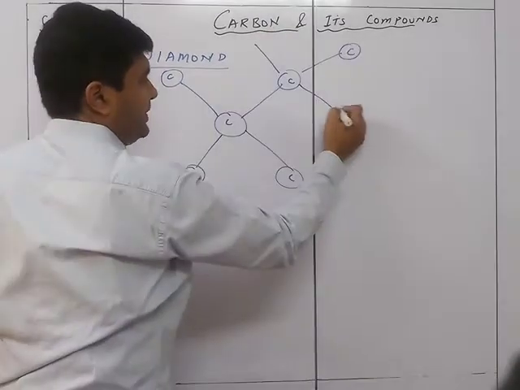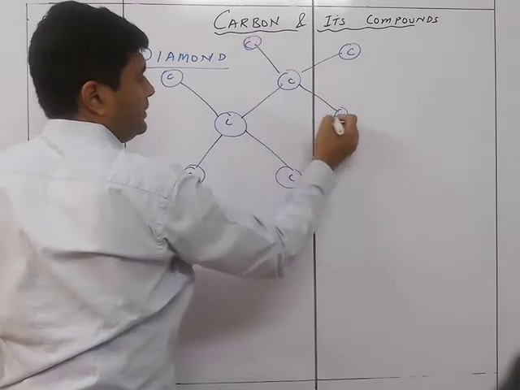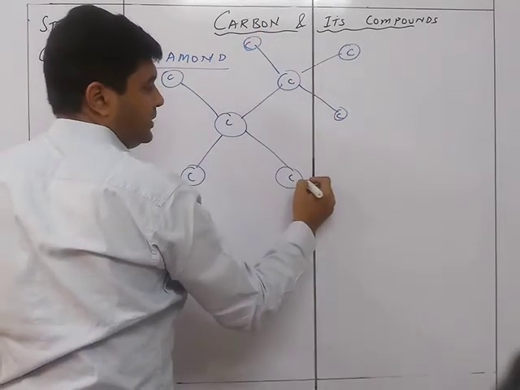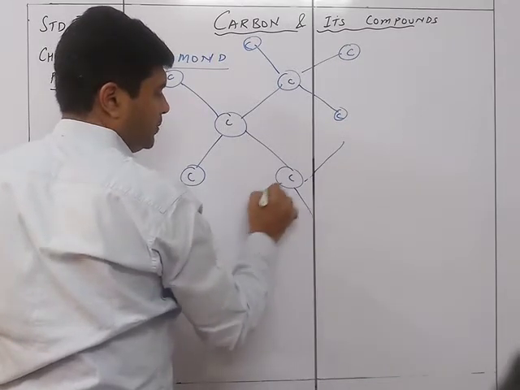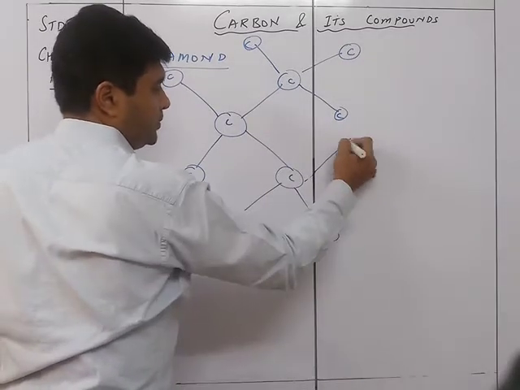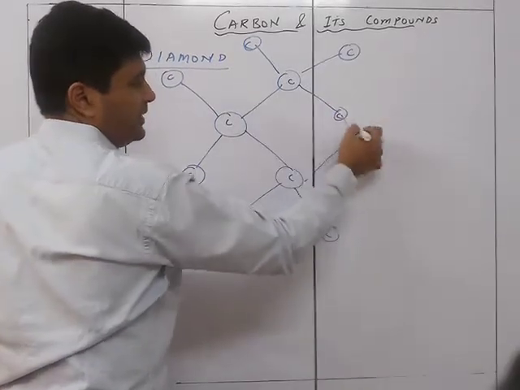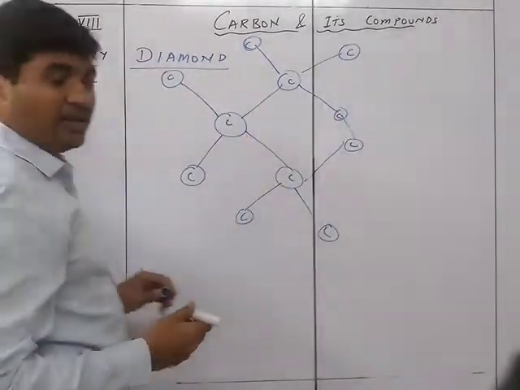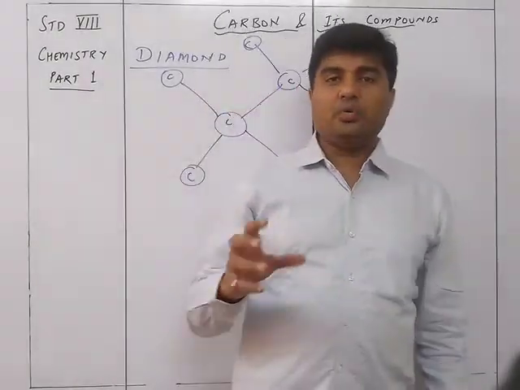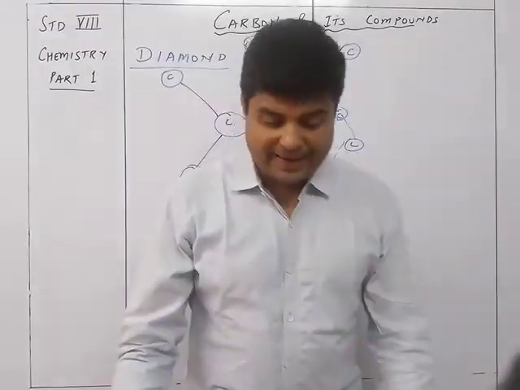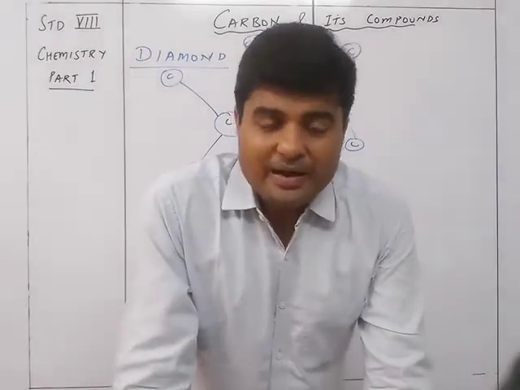In this way, 4 will come here also. This again is connected to 4 of them. There is C over here, C over here, C over here. This also can be interconnected like this. So in this way, you are going to form a structure. This is how the lattice of the carbon atoms are linked together.